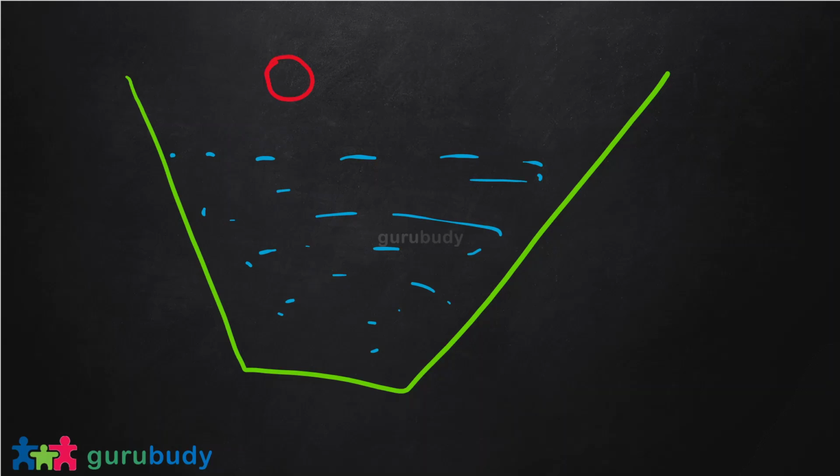If my stone is here, the buoyancy force is 0 because it has not displaced any water, because it's not even inside the water. When the stone is here, it has displaced some of the water, because once you put the stone, you will find that the level of the water in the bucket will go up, because this amount of water is displaced by the stone.